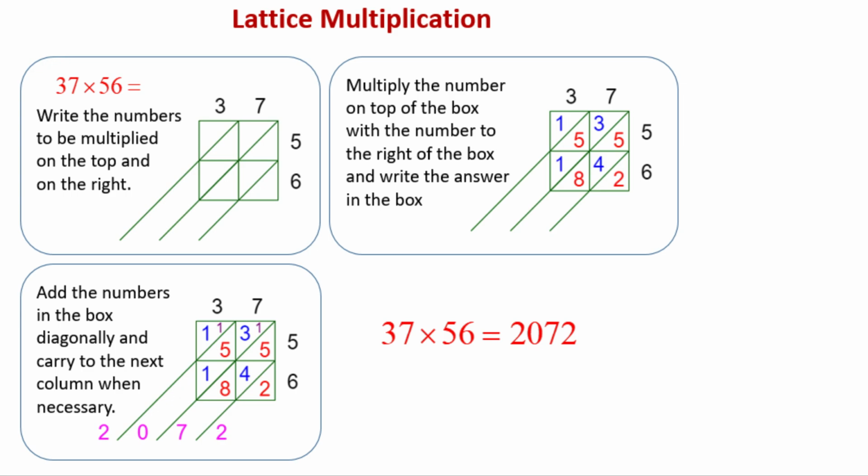Okay? So for the lattice model, you can write the model in this order. So 37 times 56, starting from here. It's 2 digits by 2 digits, so you're gonna make a square 2 by 2. Then you're gonna draw the diagonals like that.